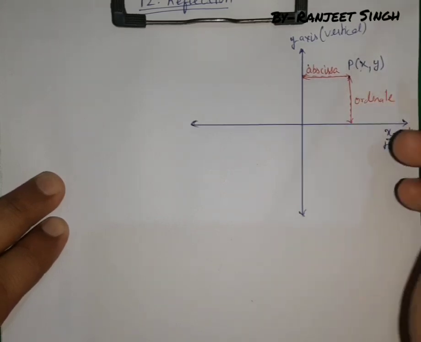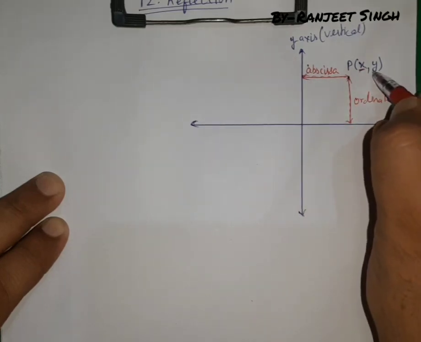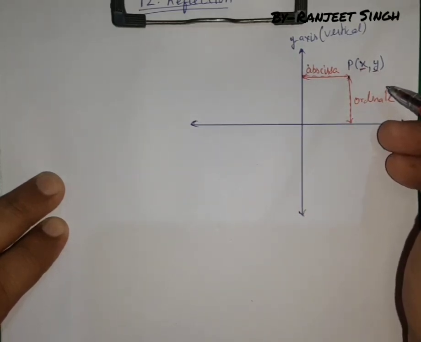So for P(x, y), the value of x is called the abscissa and the value of y is called the ordinate.